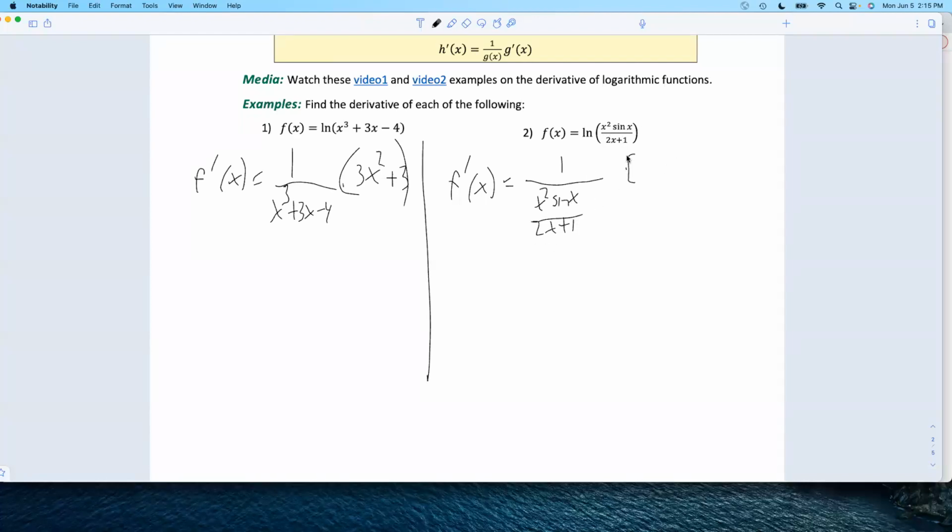Derivative of the top would be, oh, I got a product rule. So 2x, leave the second alone, plus derivative of the second times leave the first alone, times the bottom minus, and I'm running out of space here, so I'm going to have to make this a little smaller.